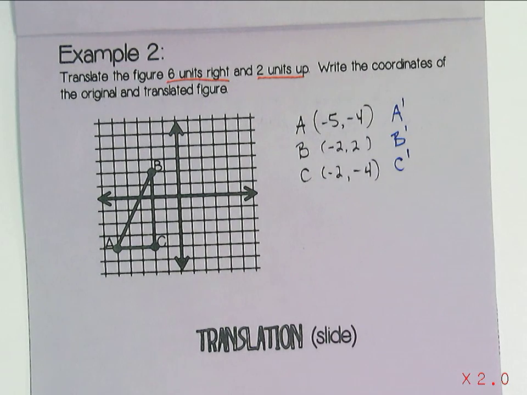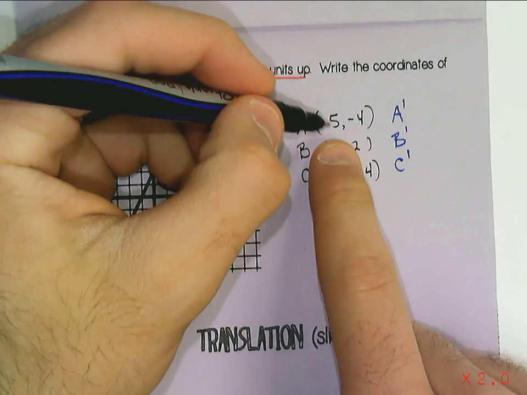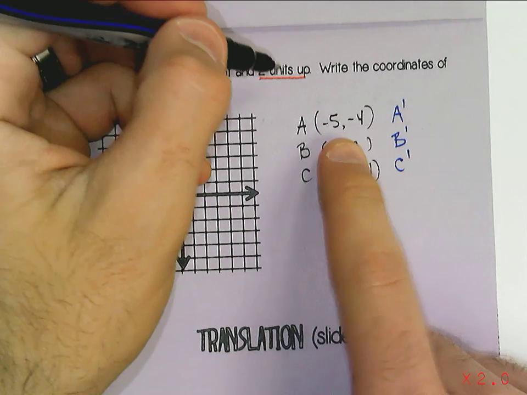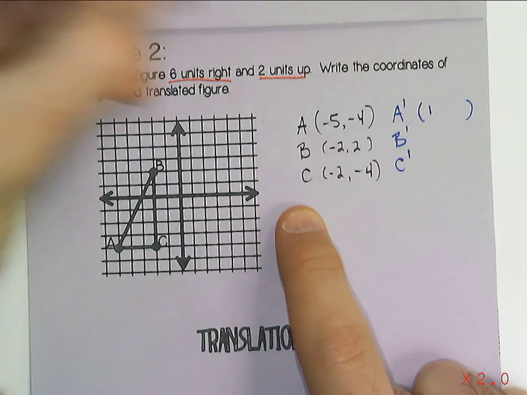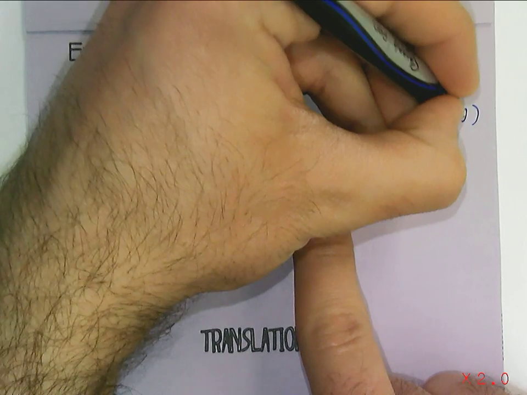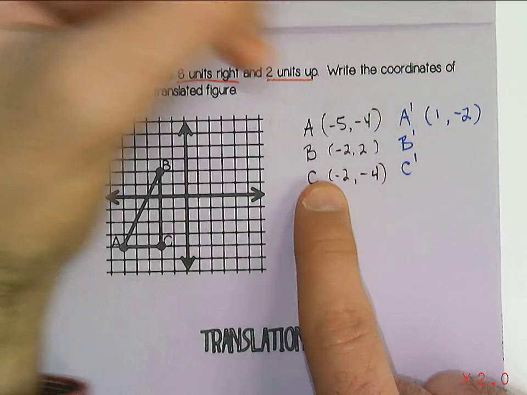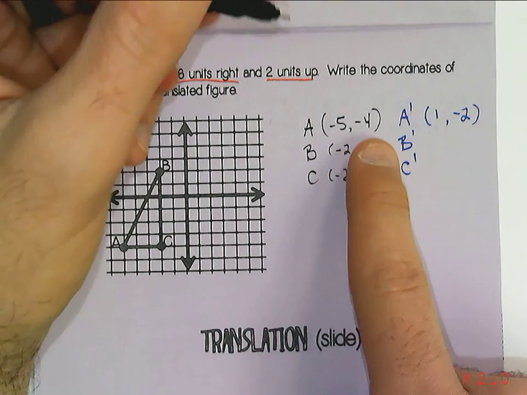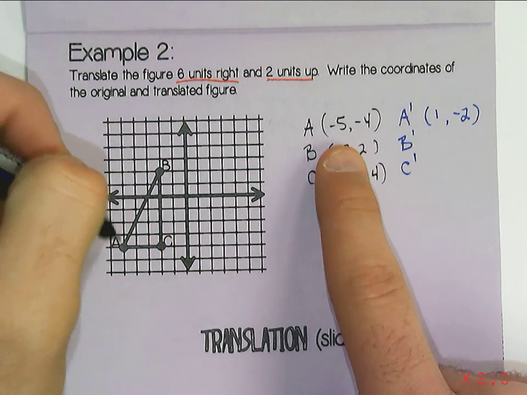So what it says is 6 units right and 2 units up. So that means I'm going to add 6 to the x coordinates and add 2 to the y coordinates. So if I add 6 to negative 5, I should be at 1. If I add 2 to negative 4, I should be at negative 2. Hold on, I think that we need to change this.